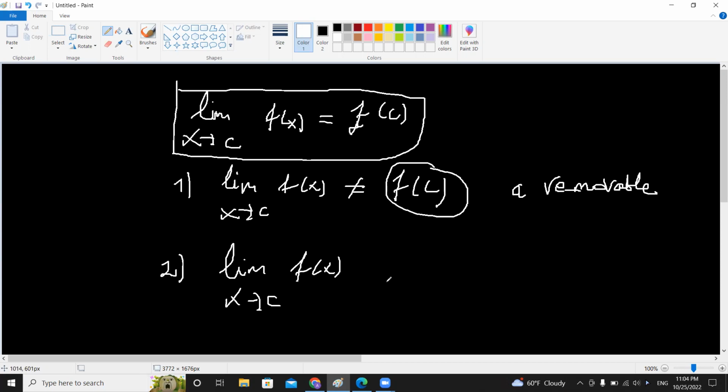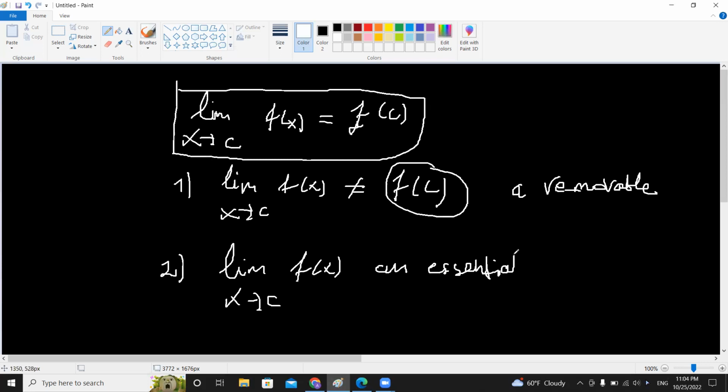So if the limit doesn't exist, more obviously, one of the limits might not exist. So this is another case. For example, one of the limits might be infinity, or both of them might be infinity or might not exist. In this case, the limit doesn't exist. So this case gives us a discontinuity which is called an essential discontinuity.